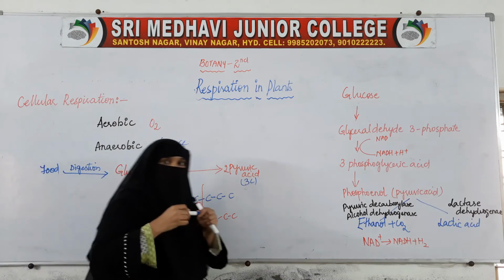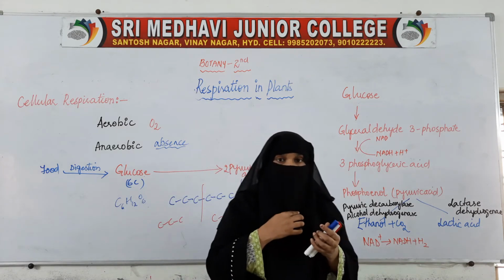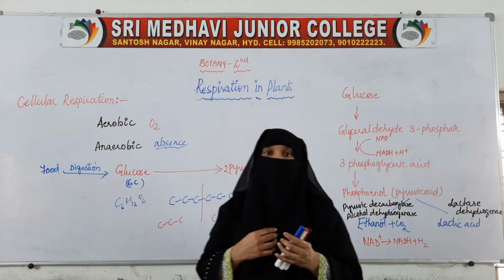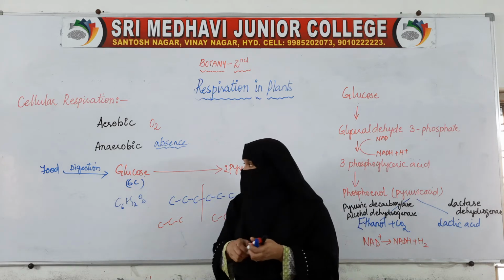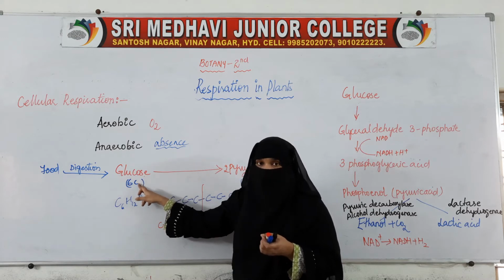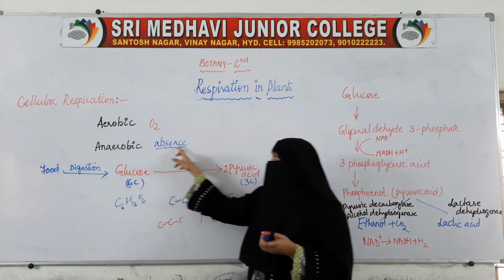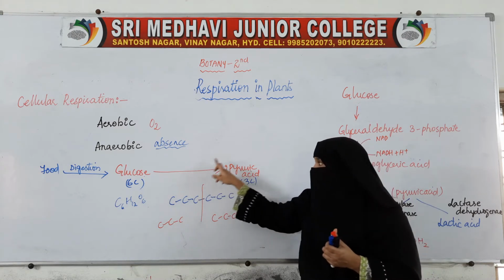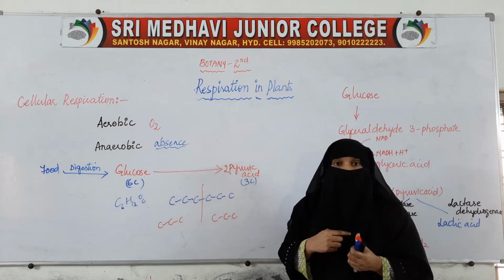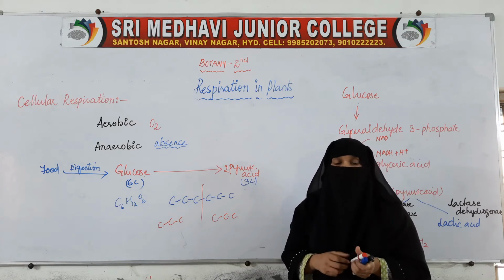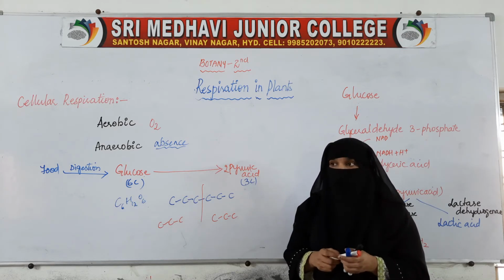Glucose will be present in the blood. From the blood the cells will take the glucose, and inside the cells this glucose will break down into 2 molecules of pyruvic acid.